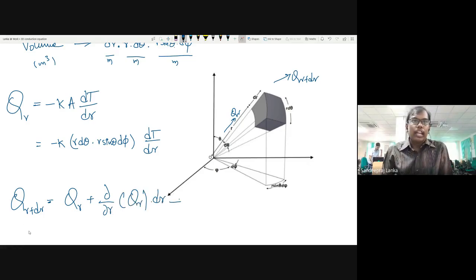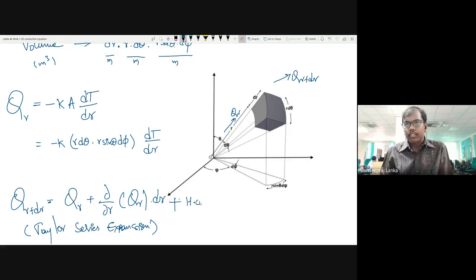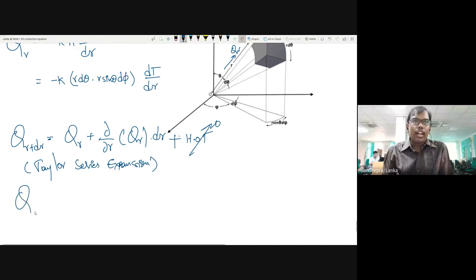I got this according to Taylor series expansion, by neglecting higher order terms. So Q at r plus dr is equal to Qr plus dou by dou r of Qr into dr.